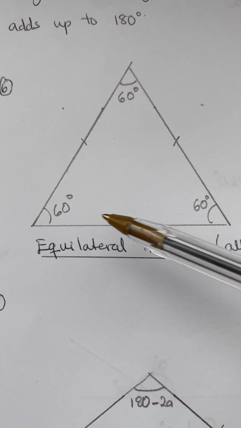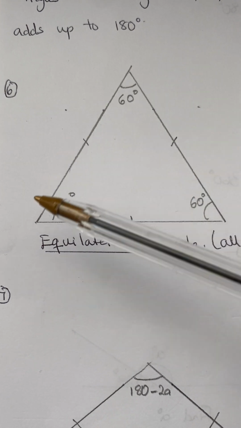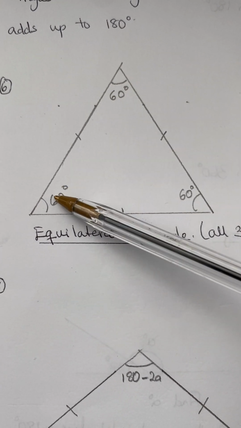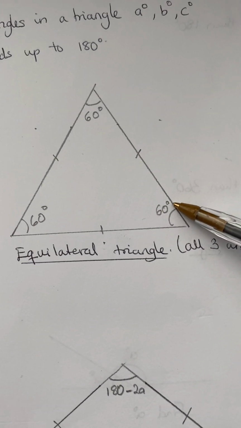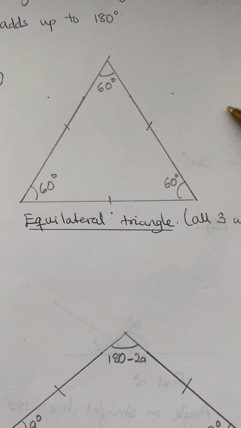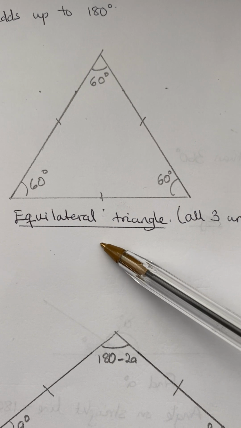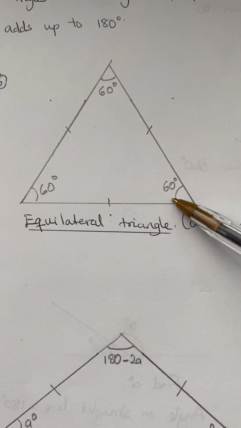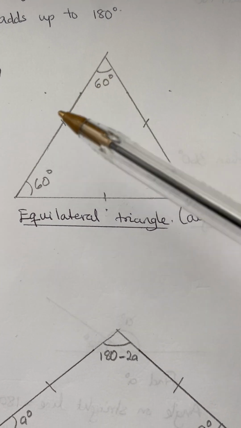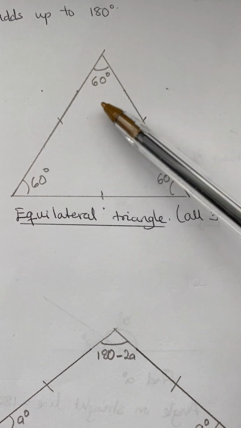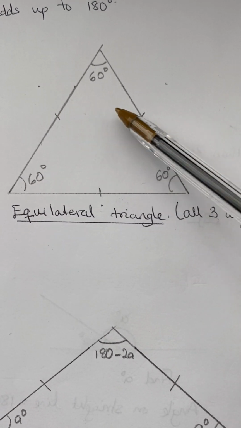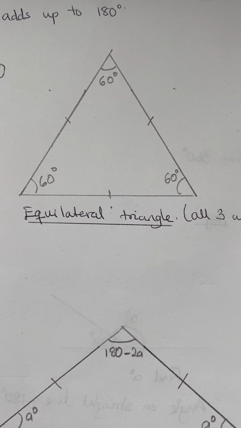This is not to scale, but with eye judgment, you can see that that is 60, that is 60, that is 60. So it's called an equilateral triangle. The angles are 60 each, they add up to 180, and the lengths are also equal.